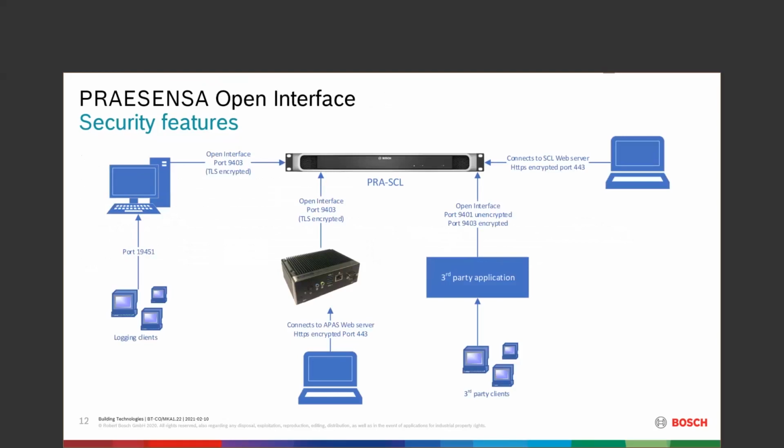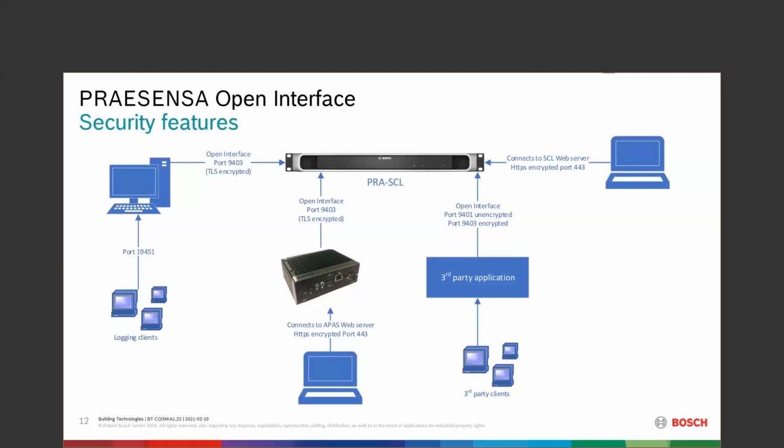Here I have a picture of all type of devices which connect to the PRAESENSA system. As you can see, all the external connections are through the system controller. Besides that, you have the Dante audio in-out from the system controller. Also, the communication is through the system controller to the external world.